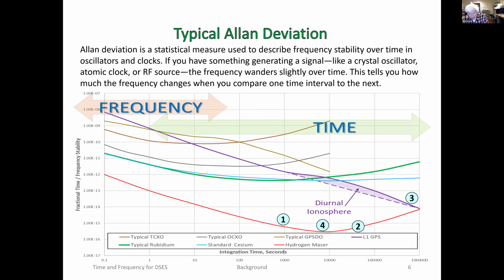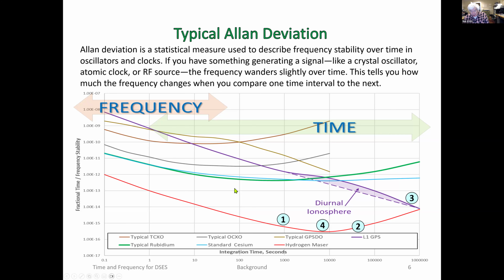So if you have a TCXO, that's the brown line up on the top. You thought that was pretty good. That's what's in your modern ham radio rig, for instance. They use TCXOs. And you'll see that as you integrate over time, it gets better out to about 10 seconds, and then it starts getting worse.